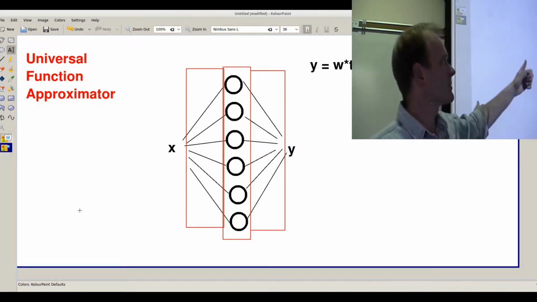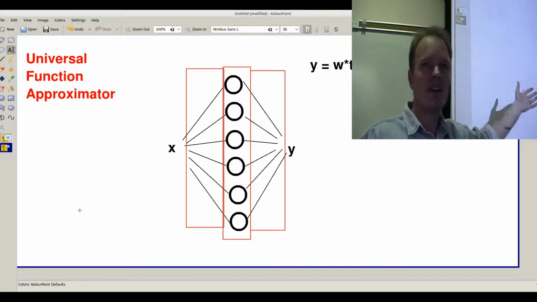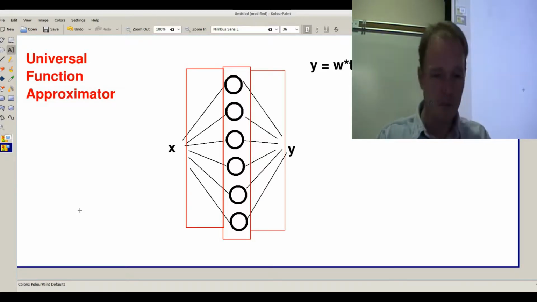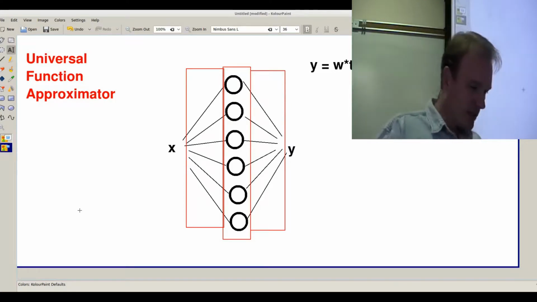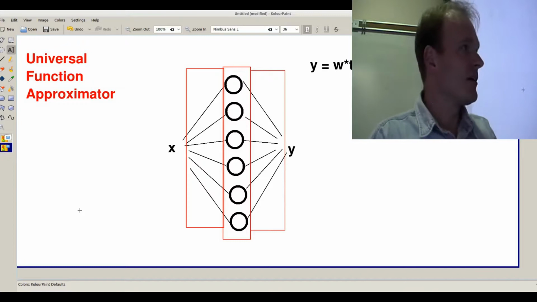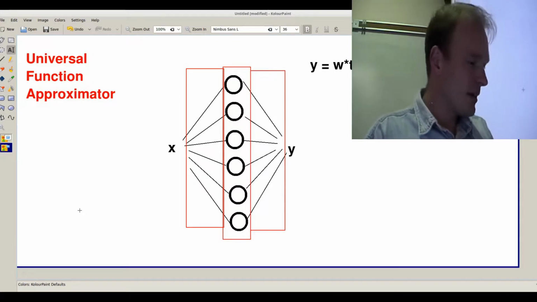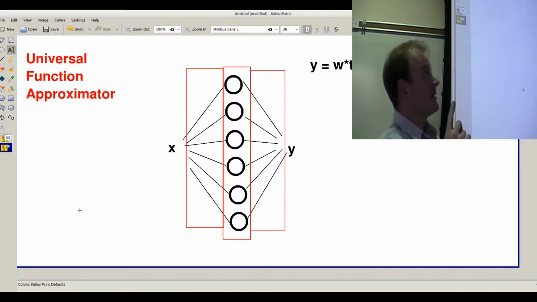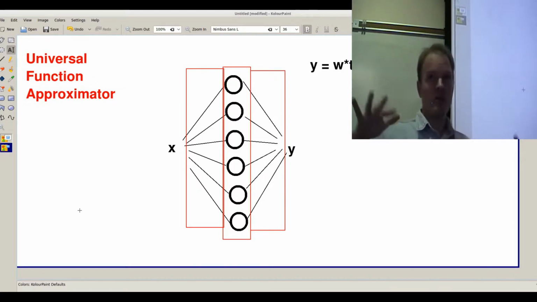In theory, the answer is always yes, because there's nothing they can't do given enough hidden units, and if you have 3 layers. In practice, the answers might be a little different, but we're playing in theory land right now. But this would tell you, if you were thinking to yourself, I came up with a new idea to make neural networks more flexible, how would we respond to that?